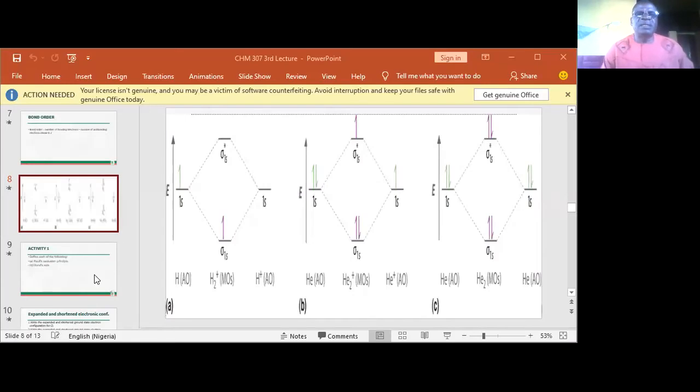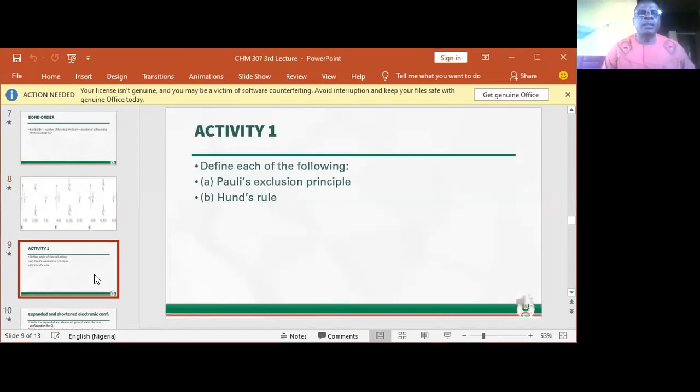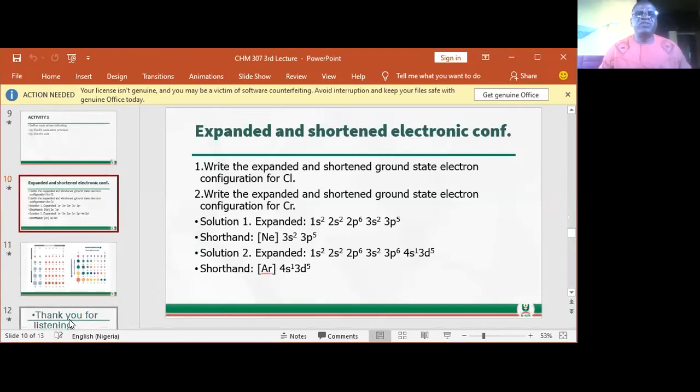If we go back to the slide, in slide number 10, you will also observe how electronic configuration is written in terms of the orbitals: 1s, 2s, 2p, 3s, 3p, 3d, and so on.